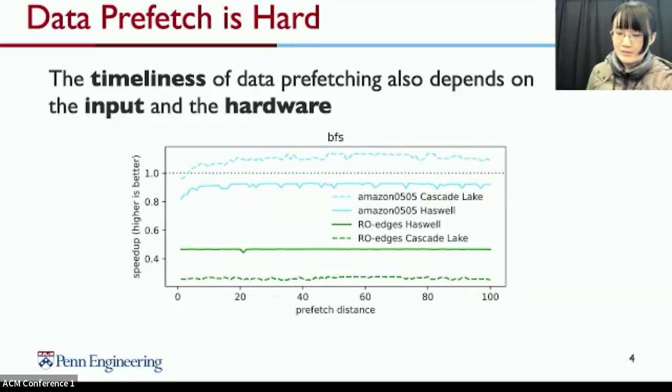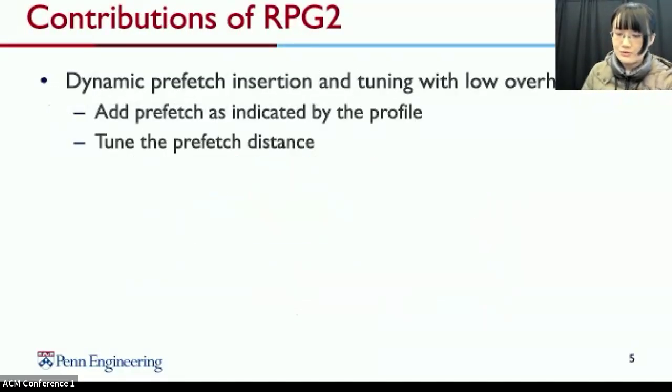And static compilers will not work for such cases, because the compiler has already inserted the prefetch instructions into the binary, and there is no way to run the program without these prefetch instructions, even if the prefetch ends up being harmful to performance. To address these problems, we propose RPG2.